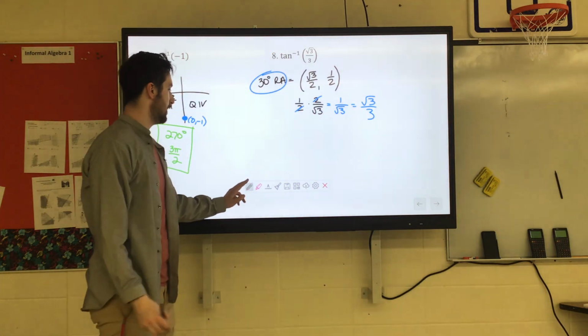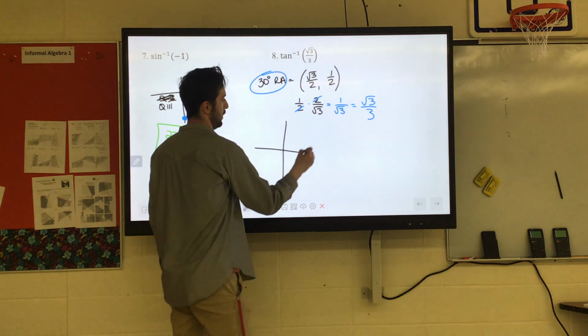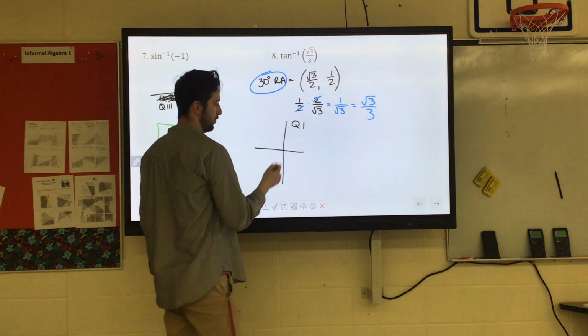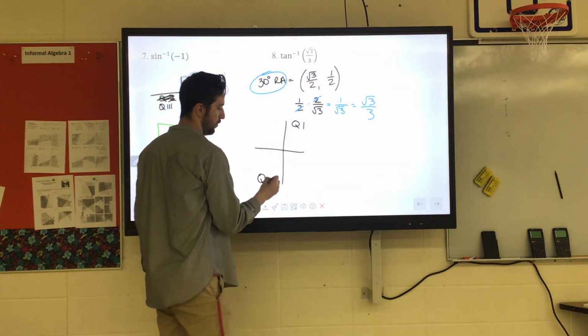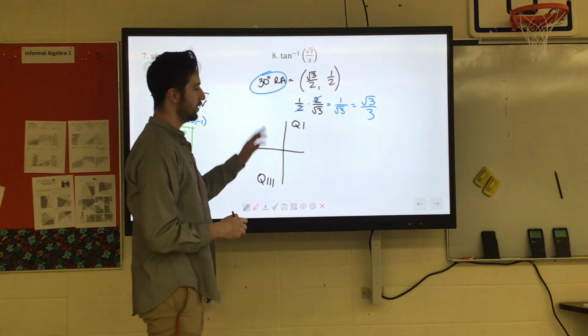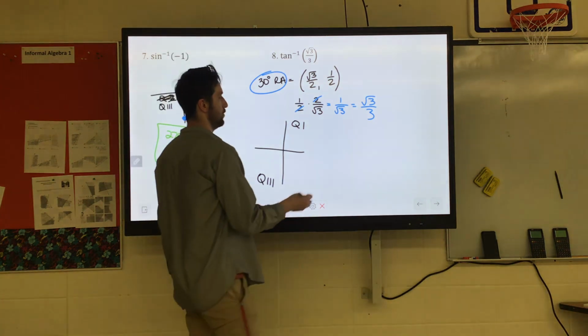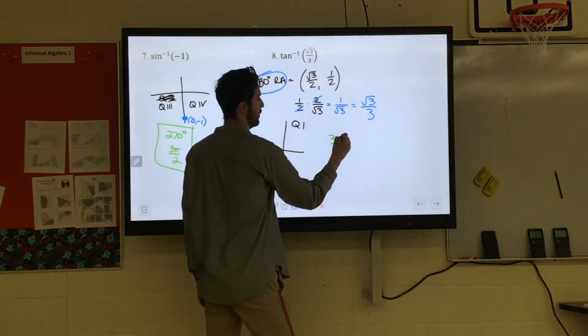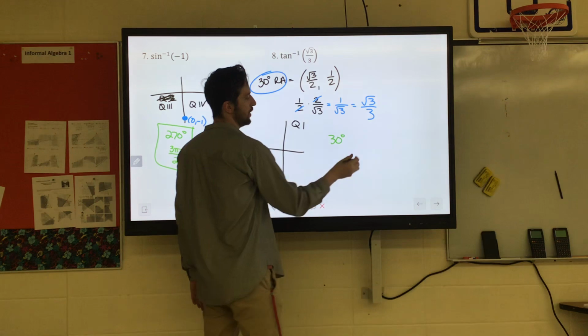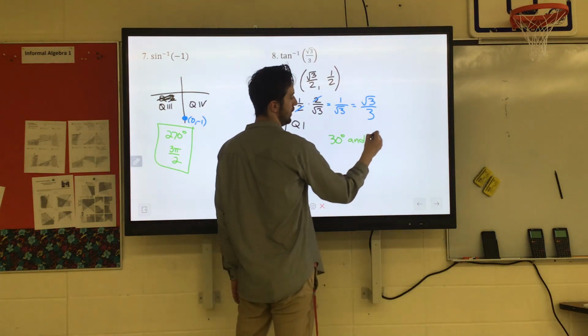I know that tangent is positive in quadrant 1, because they're both positive, or quadrant 3, where they're both negative. So 30-degree reference angle in those two quadrants. In quadrant 1, that would make it a 30-degree angle. Quadrant 3 would be 180 plus 30, which is 210.